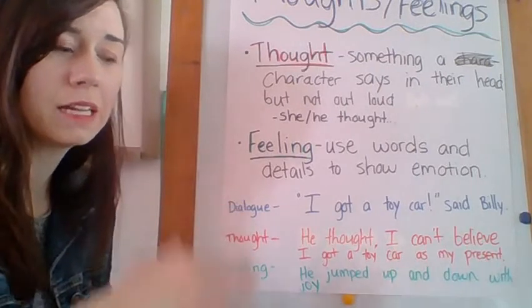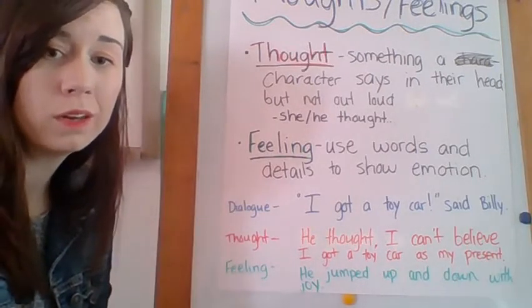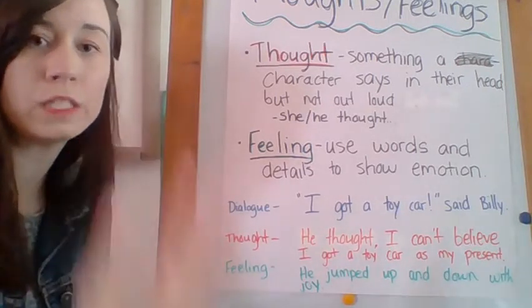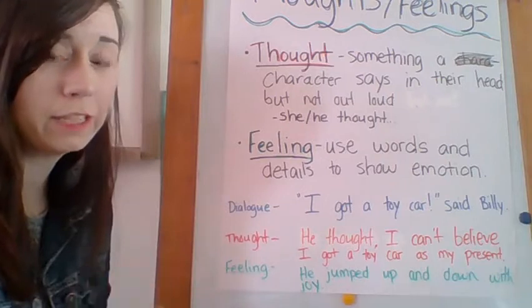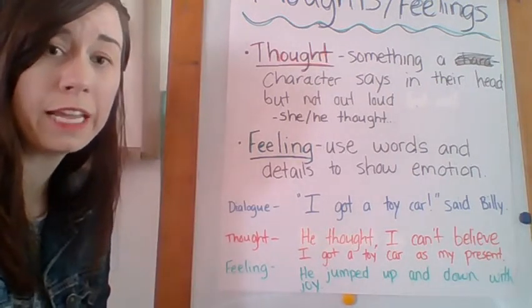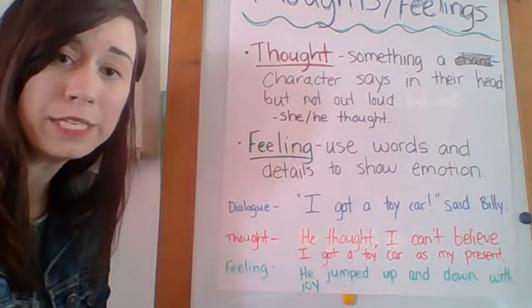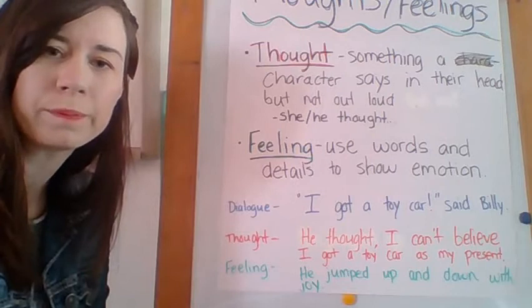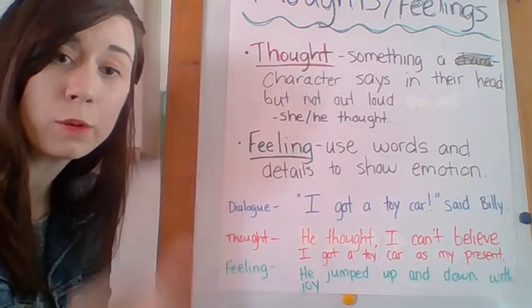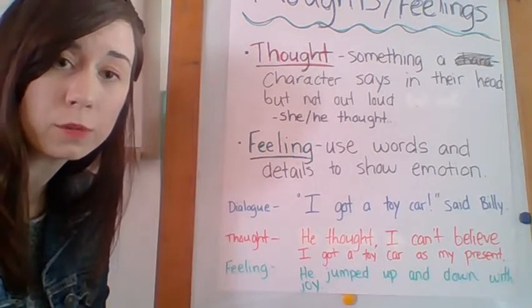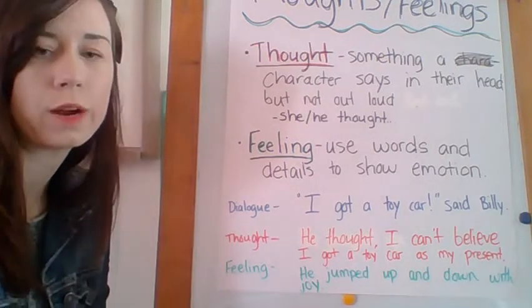So it's telling you a bit more about Billy, and he is jumping up and down with joy. It gave that feeling of joy, but also some of the actions. When someone jumps up and down, they're usually pretty excited about something. Today, I would like you to watch my example of adding thoughts and feelings into my story, and then I want you to try it.